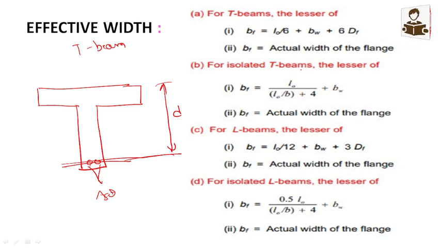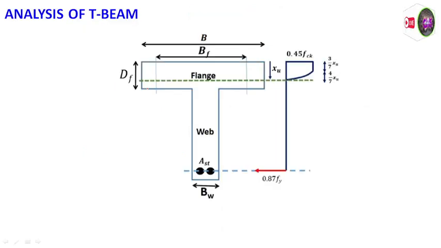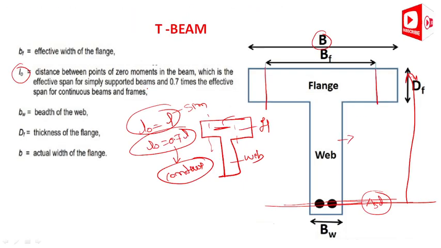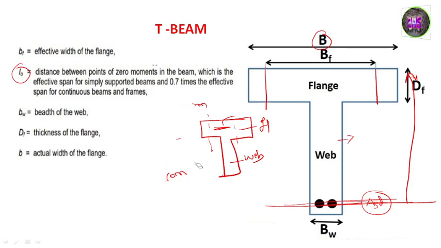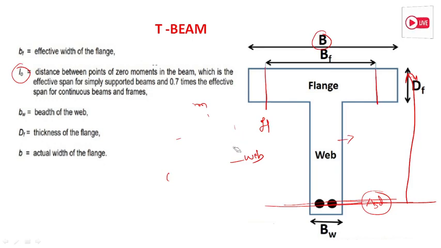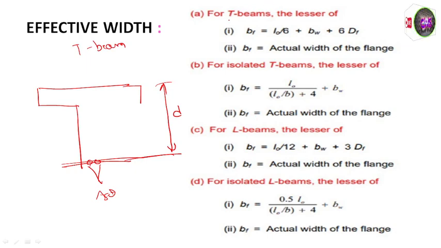Nodi, nimge ondu simple example kodtini, you can understand easily. Now what your doubt is, here they have given T beam and isolated T beam.